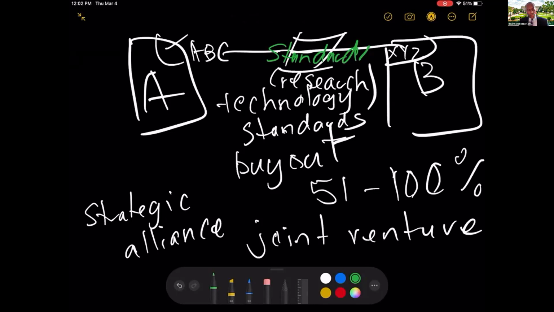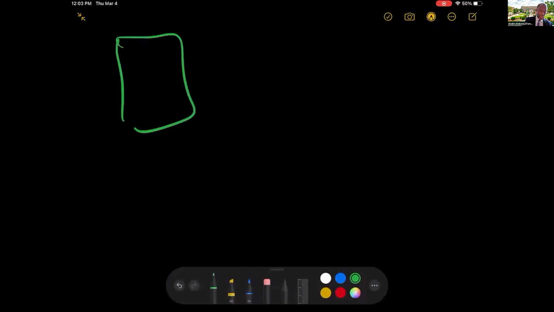Or it could be even putting resources together to establish some kind of factory. It can even be tangible. It can be tangible or intangible. So lots of different ways to get into a market.